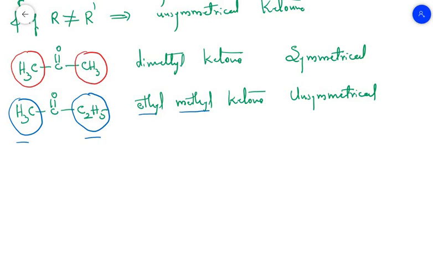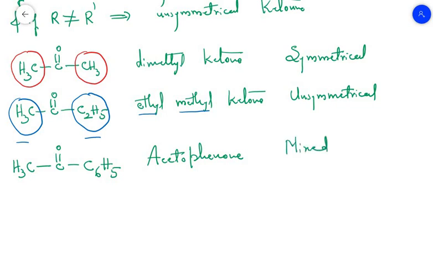Let us have another example. This is commonly known as acetophenone, and it is an example of a mixed ketone, just because here we have an alkyl group and here an aryl group, so it is called a mixed ketone.